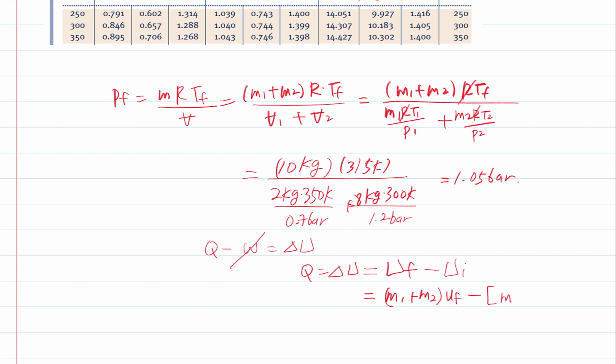So system 1 mass times internal energy of system 1, plus mass of system 2 times internal energy of system 2. We can rearrange the equation: M1 times U final minus U1, plus M2 times U final minus U2.